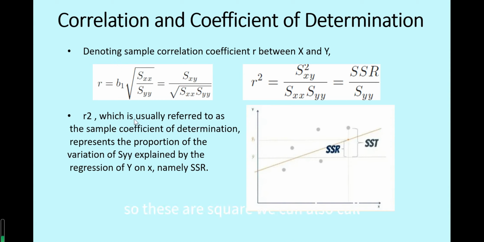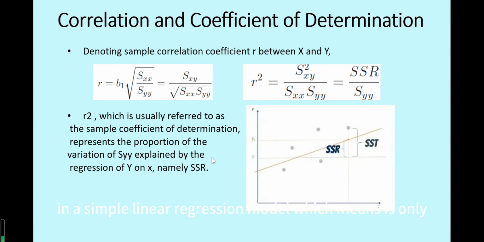This R square we can also call the coefficient of determination. It represents the proportion of the variation of Syy explained by the regression of y on x, named SSR. R square in every linear regression model result will have this value, between 0 and 1. Say R square is 0.95, which means 95% of the variation of the y variable Syy can be explained by the model.